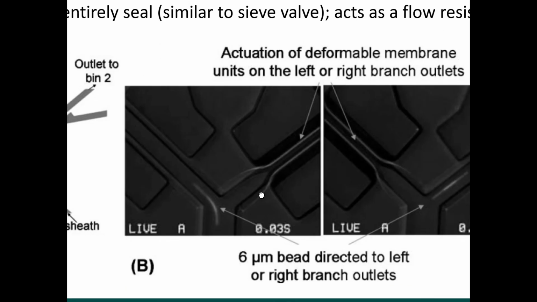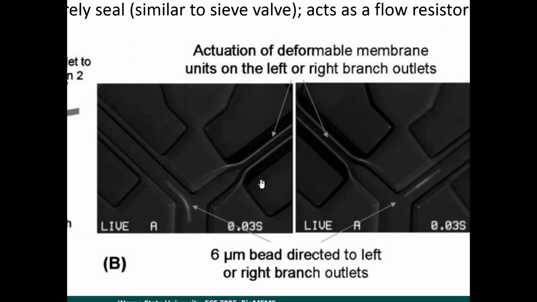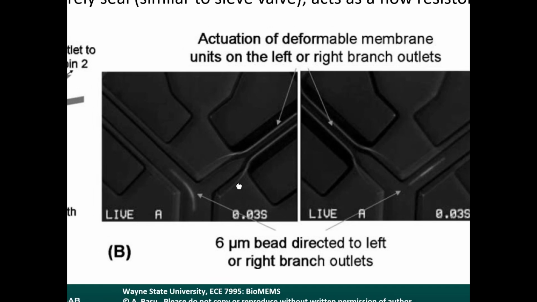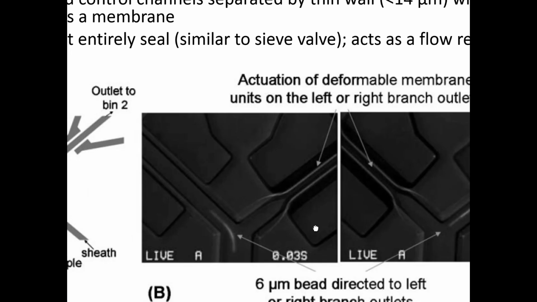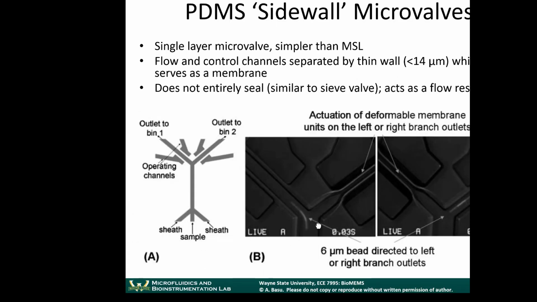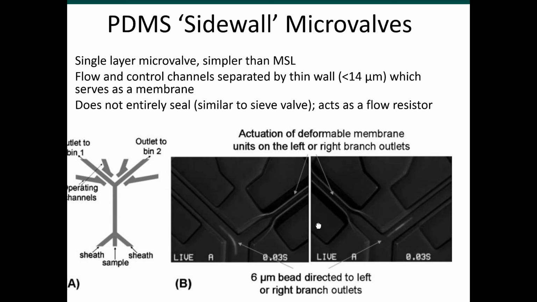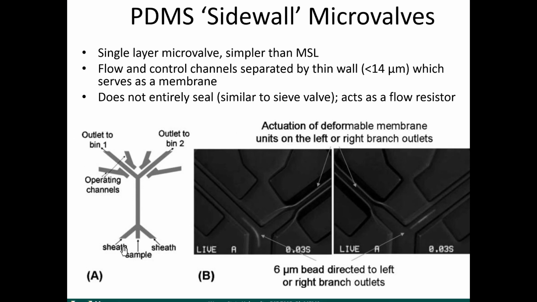All right, and they've shown examples where these deformable membranes can be used to direct fluid flow from one direction to the other. These pictures are a little bit hard to see, but they're basically showing a bead being directed to one outlet versus the other outlet as a result of these valves. So what you're doing here is flowing in fluid and your particles in the bottom half of the channel.